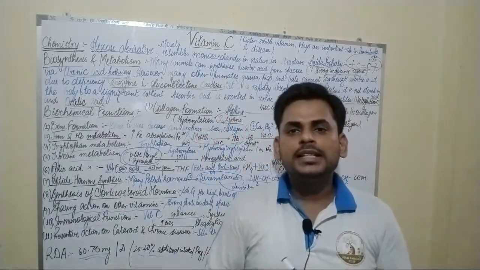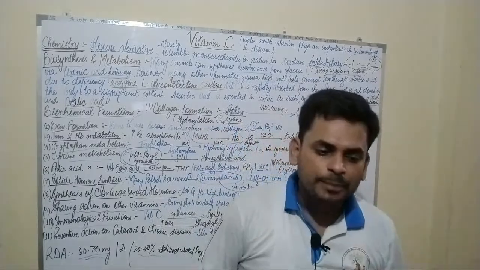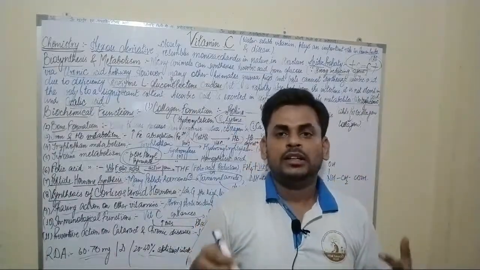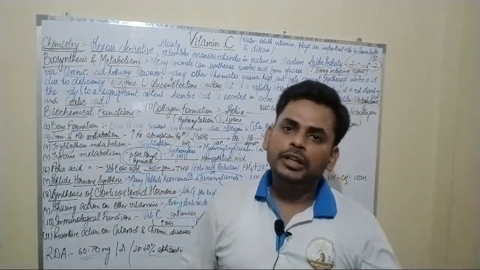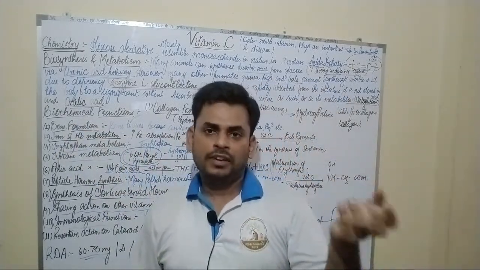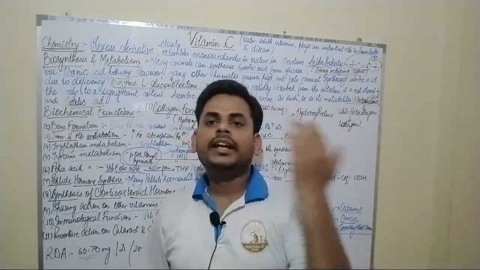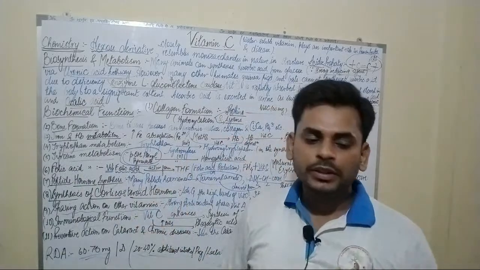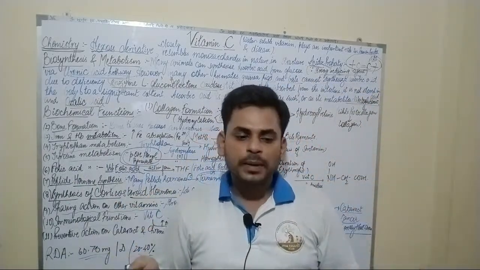So the deficiency symptoms can be counted as spongy and sore gums, and loose teeth. Since vitamin C is very important in the absorption of iron, a deficiency of vitamin C will indirectly lead to impaired iron absorption, that can cause anemia, and it can cause swollen joints as well.